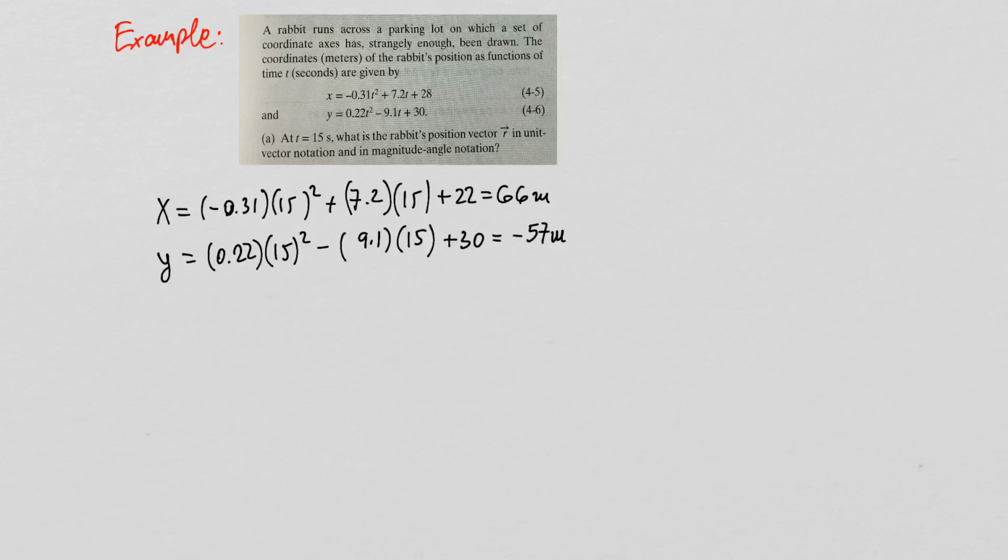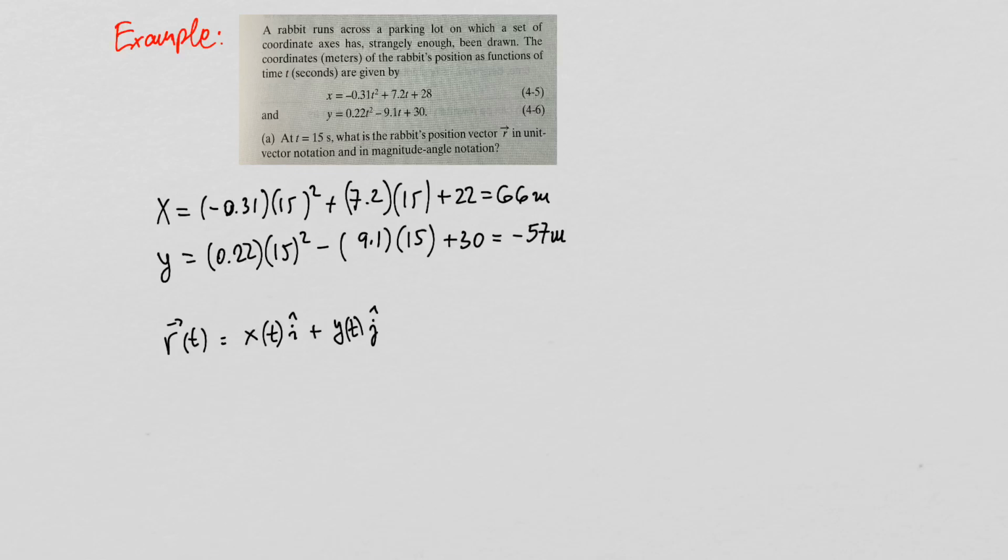And so then the position vector is defined as a function of time as the x-coordinate as a function of time i hat plus the y-coordinate as a function of time j hat. I just calculated those two coordinates for that specific moment of time, 15 seconds.